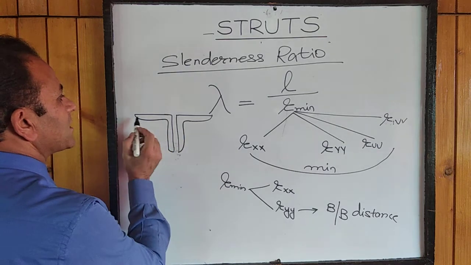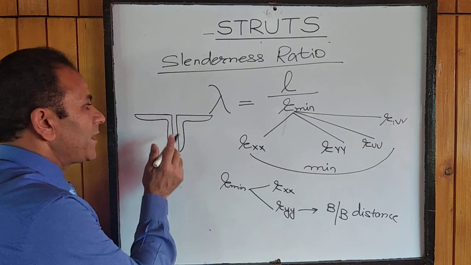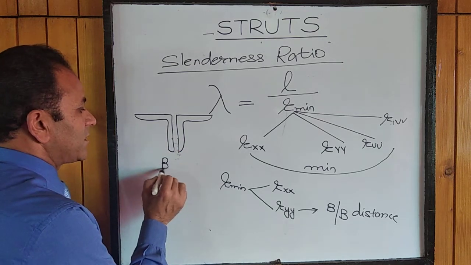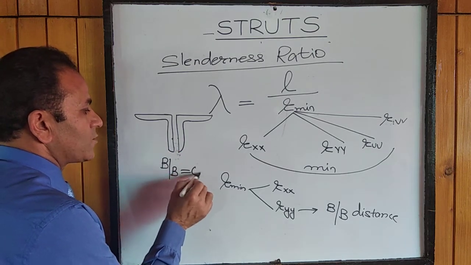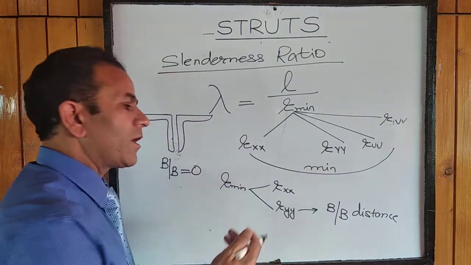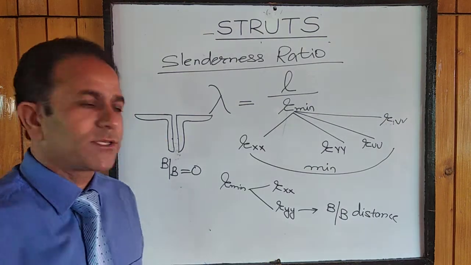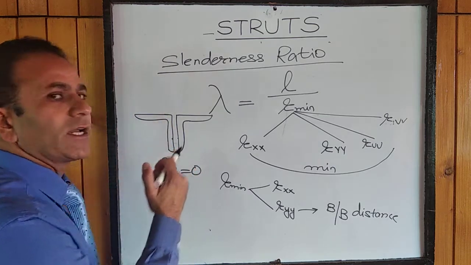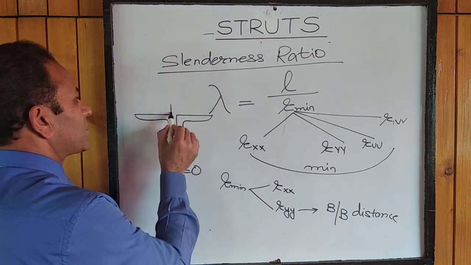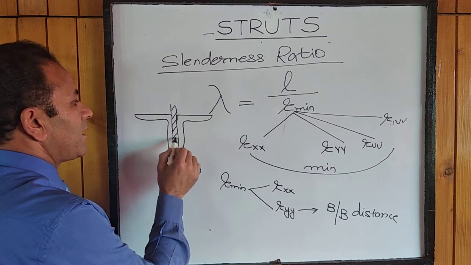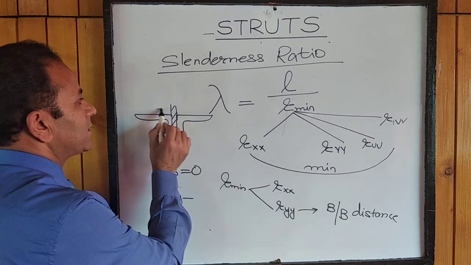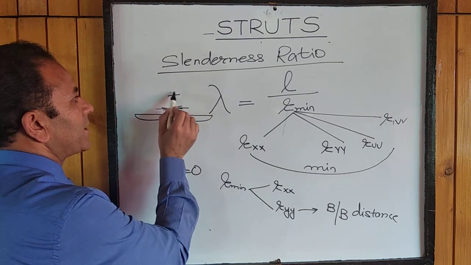Now, if these angles are connected to the same side of the gusset plate, then they must be connected to each other here, and the back-to-back distance is 0. So in the steel table, we will find R minimum or RYY corresponding to 0 back-to-back distance when it is on the same side of the gusset plate. Now if it is on either side of the gusset plate, RYY will be governed by the thickness of the gusset plate.